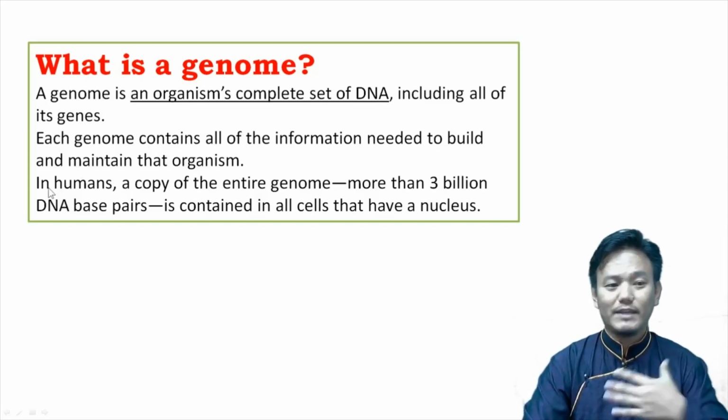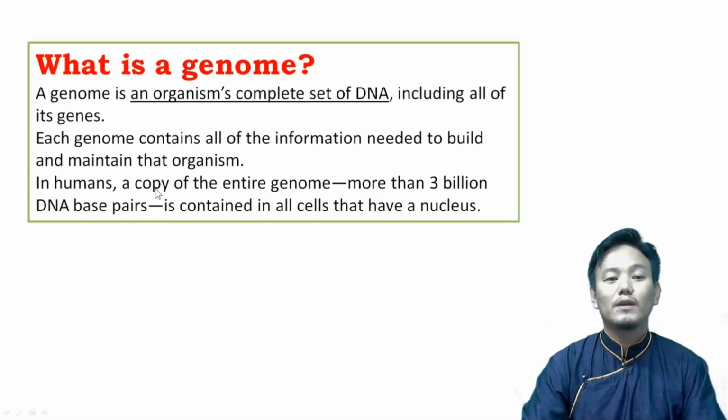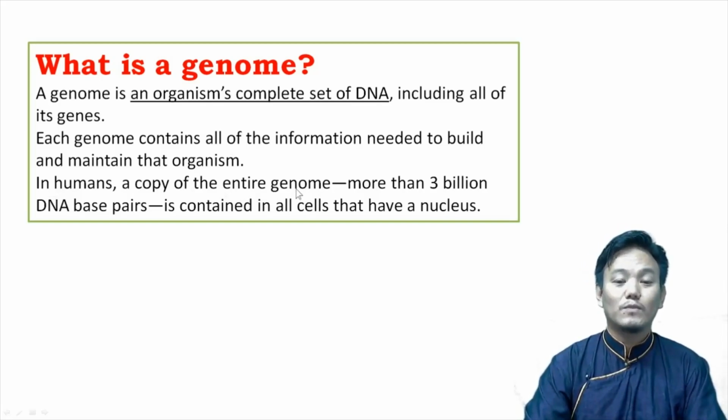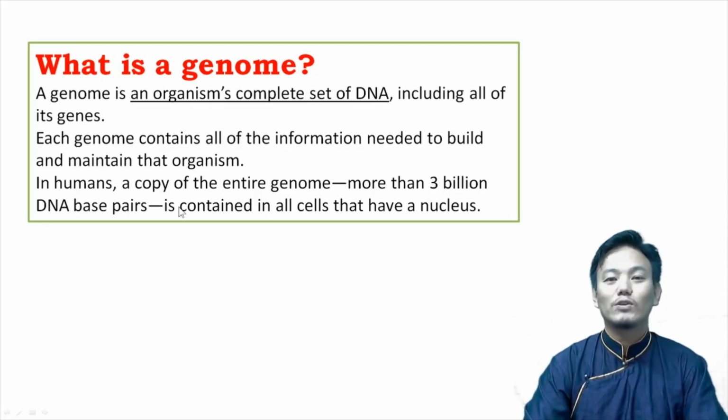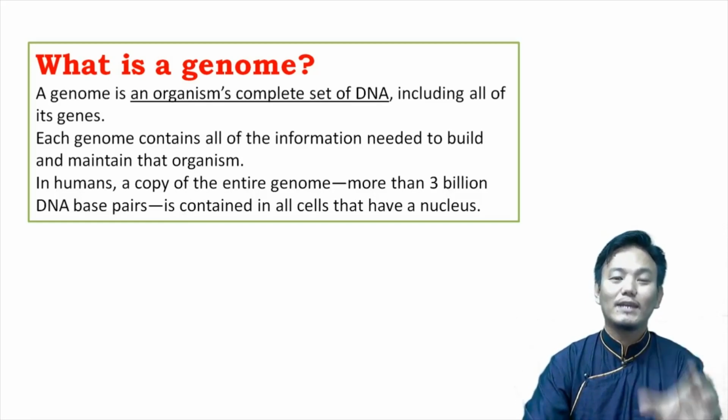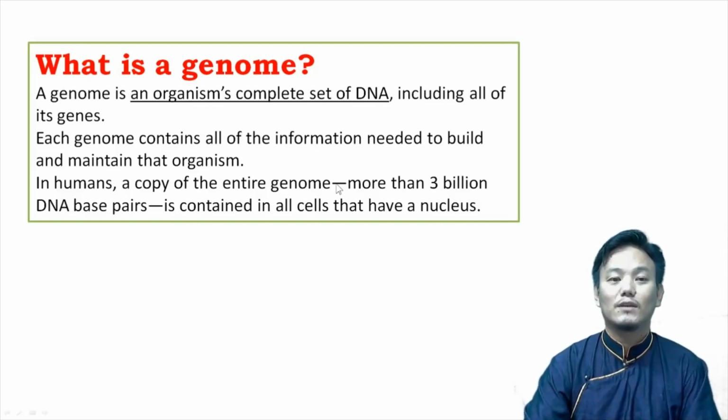So for example, if we take ourselves as an example, a copy of an entire genome, which is more than 3 billion DNA base pairs, is contained in all the cells that have a nucleus. So the entire genome will be present within each and every cell in our body that has a nucleus.